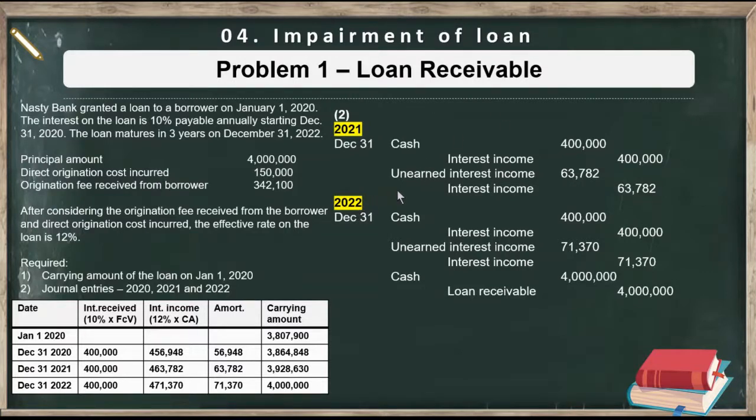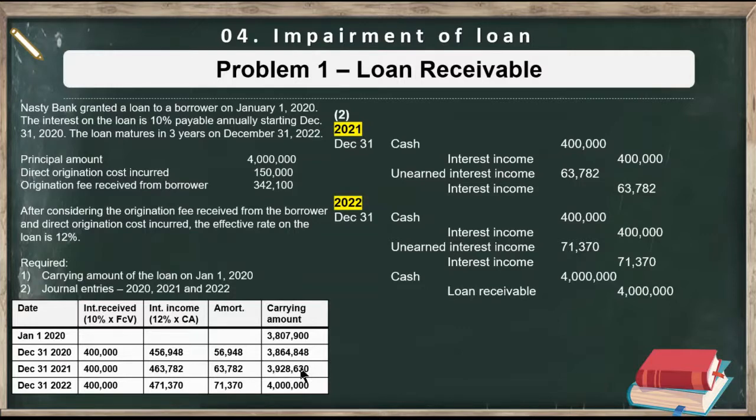And then another question, how much is the carrying amount of the loan on December 31, 2021? So, look at the table. It is 3,928,630. So, that is the shortcut.